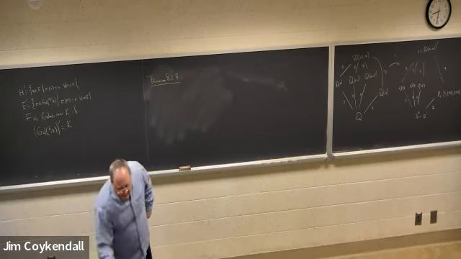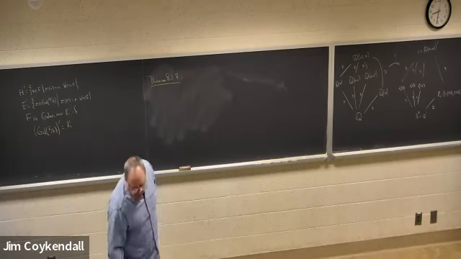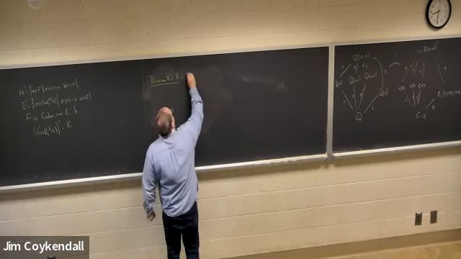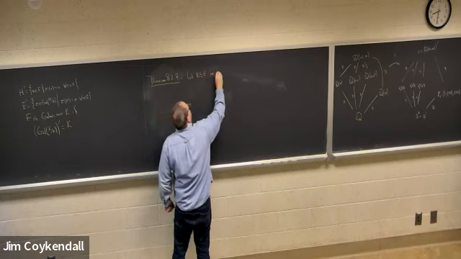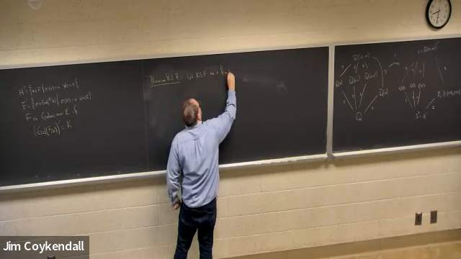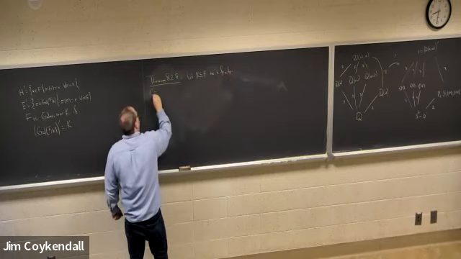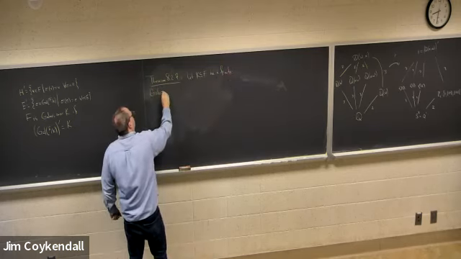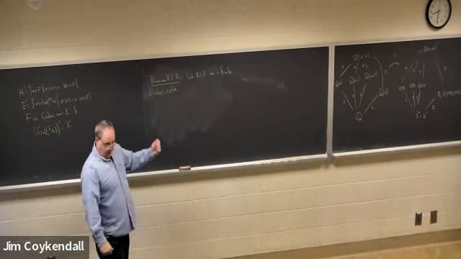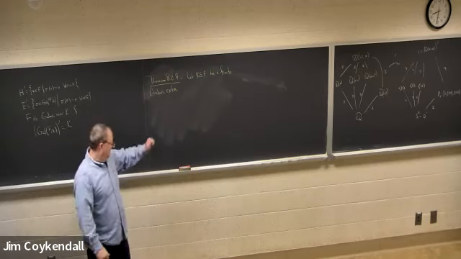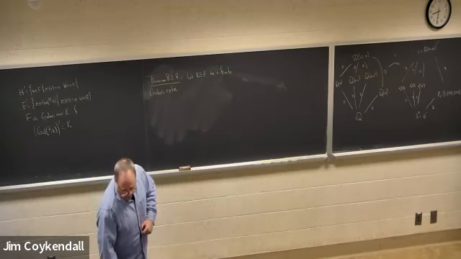Suppose K inside F is a finite Galois extension. And by finite, what I mean is the degree of F over K is finite. I don't mean the fields are finite, it's just the degree is finite.